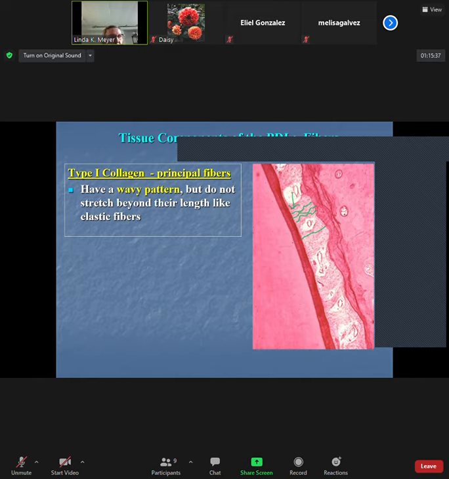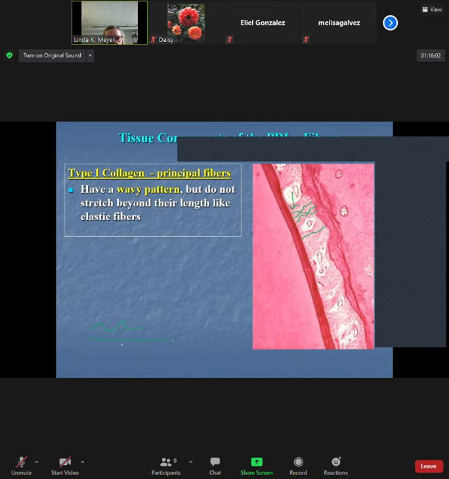So just picture I have a rope that I'm holding, and when I pull it taut, that's when it's extended out to its length. But it's not going to stretch. If I keep pulling, it's not going to stretch beyond it. So I'll have this, and then when I pull it straight, it'll only go out to its complete length.